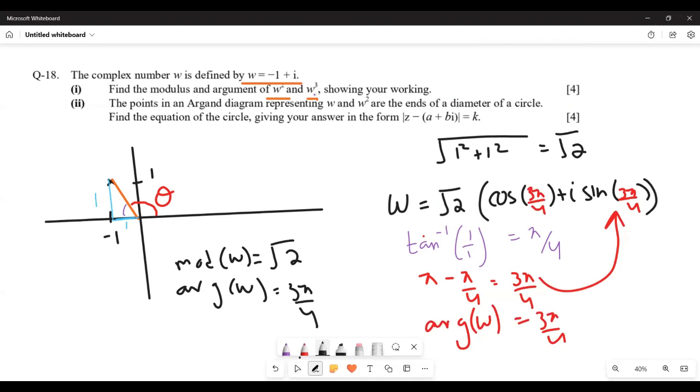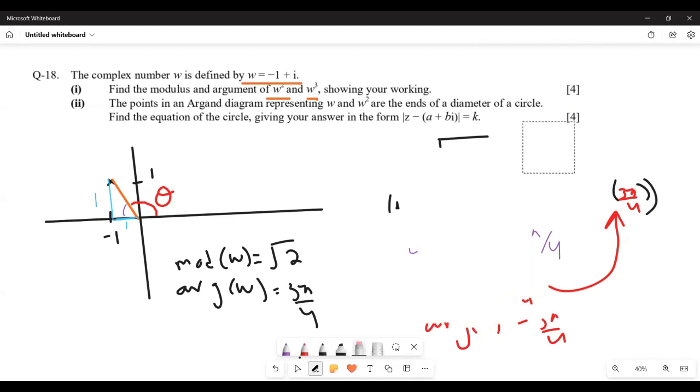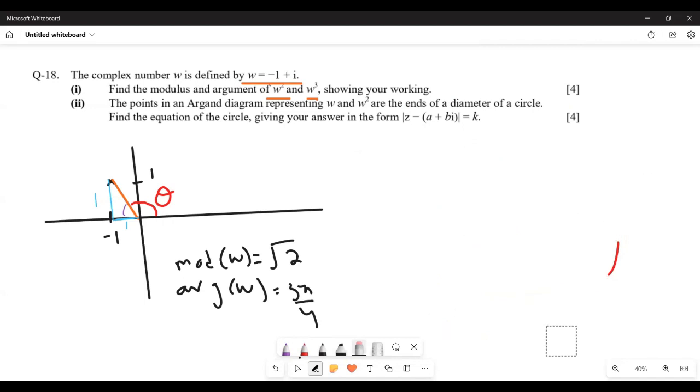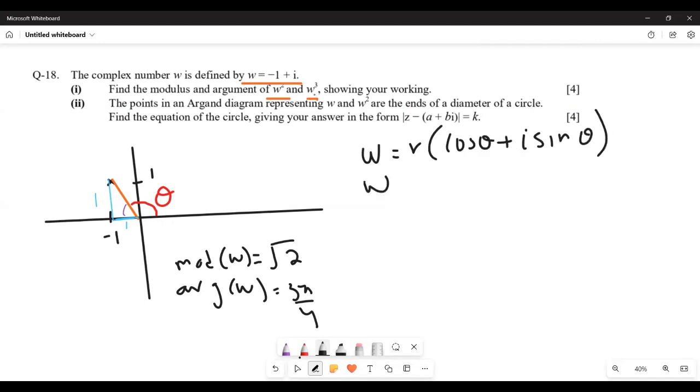Okay. Now we're going to use De Moivre's theorem, which is, if you have a complex number in polar form, and you have to find a certain power of W, let's say W to the n, it's going to be r to the power n, cos n times theta plus iota sine n times theta.